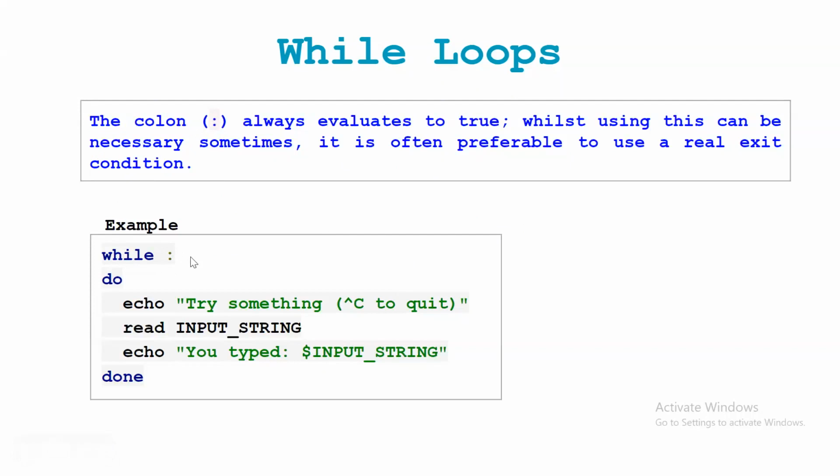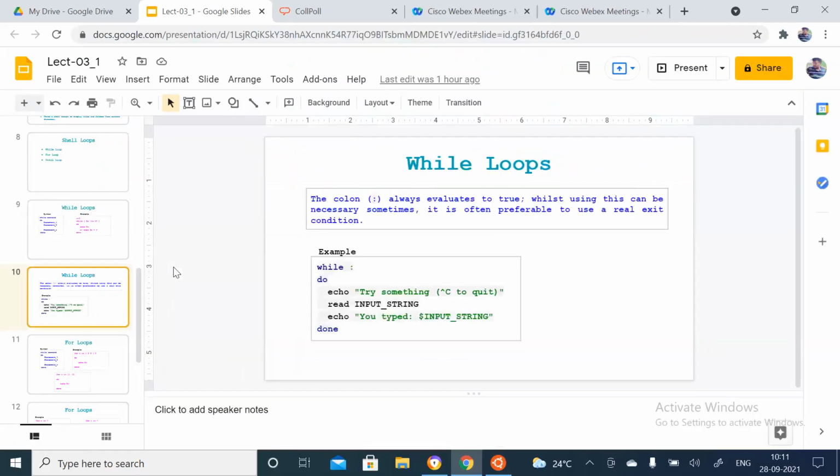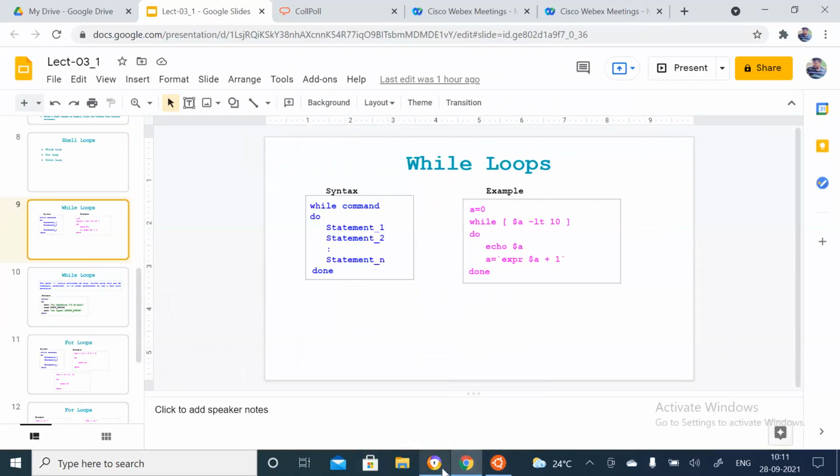Like in C programming, we write while 1, here instead of while 1, the colon is there. If you read here, the colon always evaluates to true. I'll show one example for both, starting with the first one.